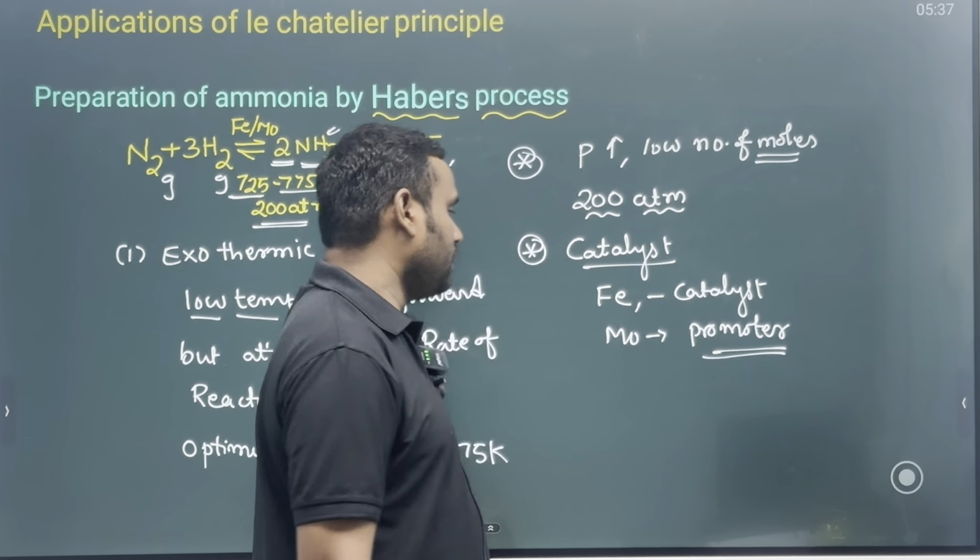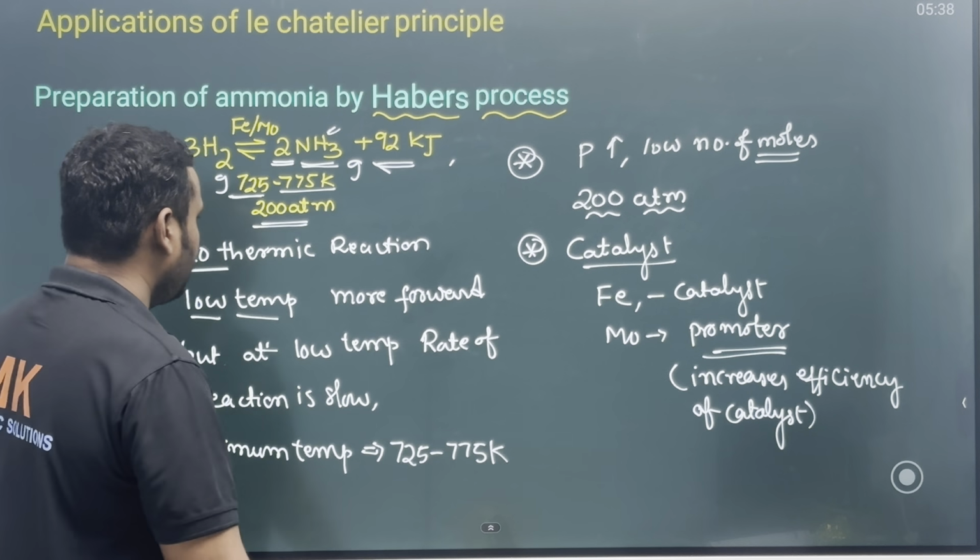So this is about the industrial synthesis of ammonia by Haber's process. Here it is an exothermic reaction, so heat energy is going to be released. That's why we say it is an exothermic reaction.